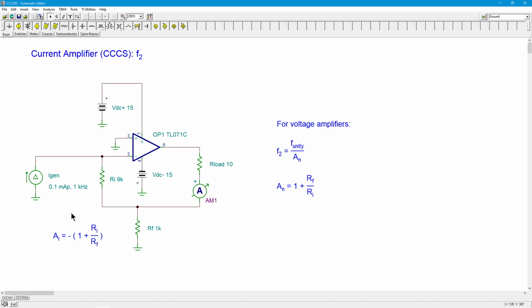We derived an equation for it. We said the current gain is equal to a negative, because it's an inverting amplifier, 1 plus Ri over Rf, right? So the current that's produced in the load will be independent of the load resistance. I could have 10 ohms in here like this, or a K ohm, 57.3 ohms.